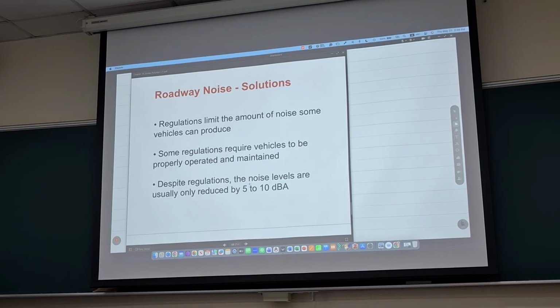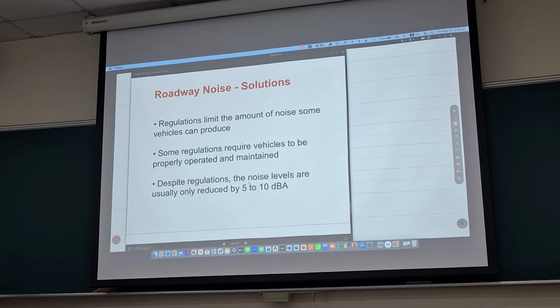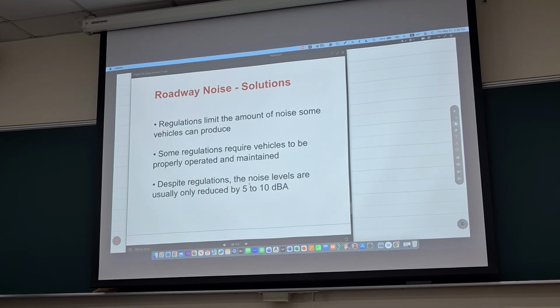So this is the case study about lower noise, right? So the solution the government installed is the so-called AHS system.